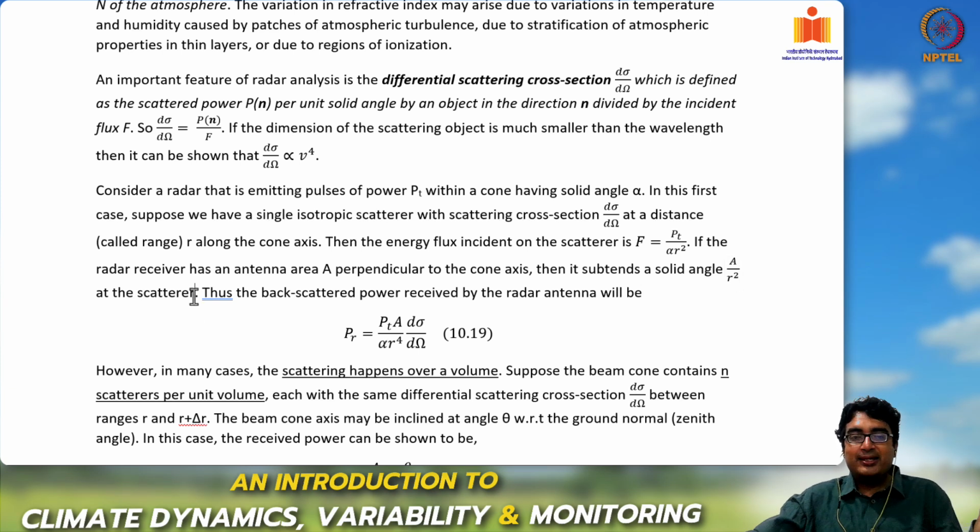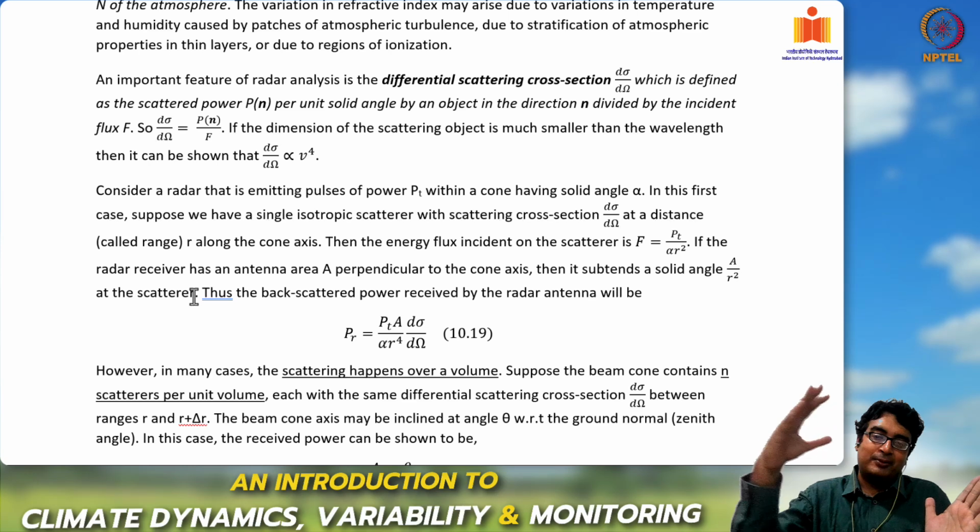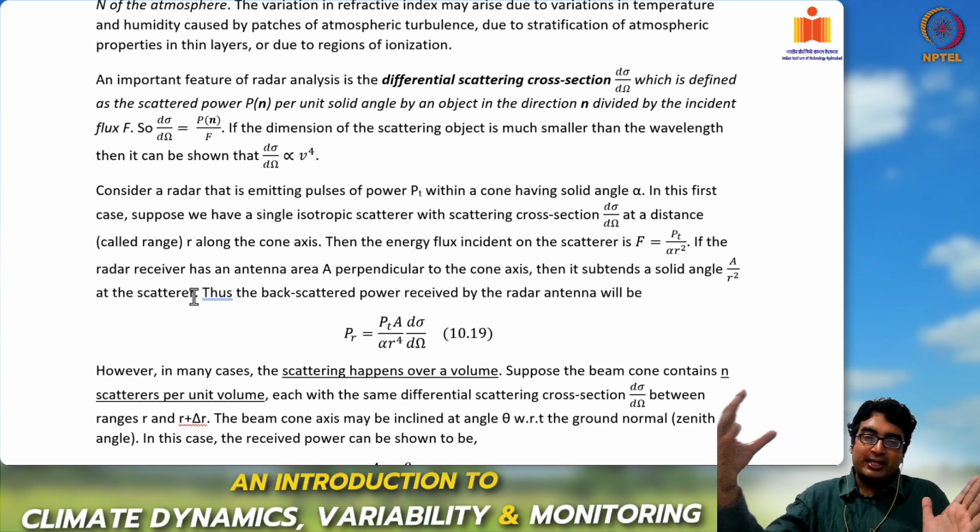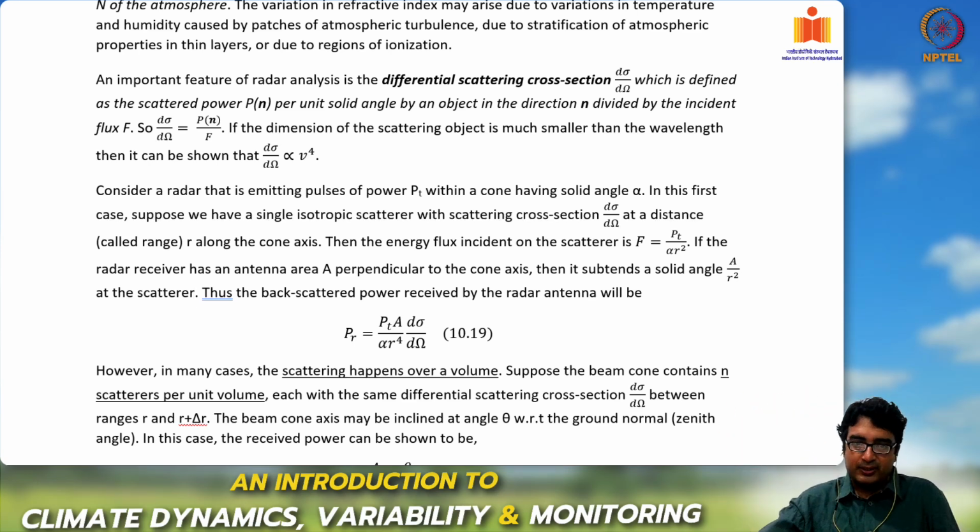So the radar receiver has an area A projected along the cone axis, and this area A subtends a solid angle A by r square on the scattering surface.